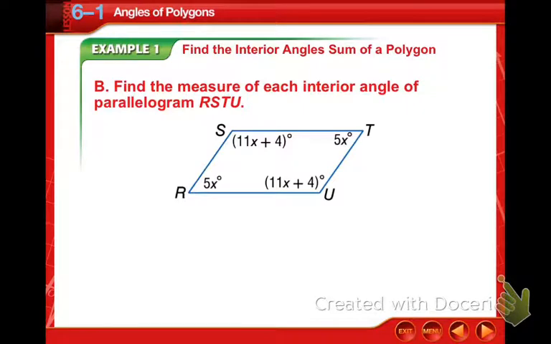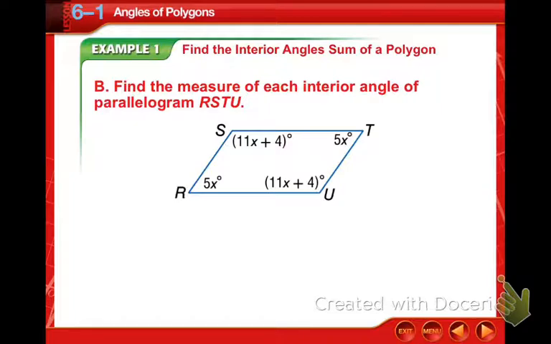So this one has a parallelogram given to us. We want to find the measures of each interior angle. If you notice, since it is a parallelogram, we have 2 angles that are the same, and the other 2 angles are the same. What we do know is that the sum of all these needs to be equal to 360, right?